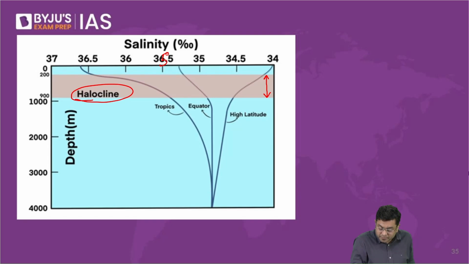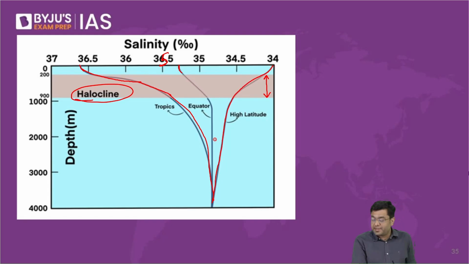Okay, so here you will observe, for example, that at the region of the equator, salinity is roughly around 35. Where is the salinity highest? At the tropics, because evaporation is high and precipitation is low. Here you will observe that the salinity suddenly reduces as you go to the bottom.